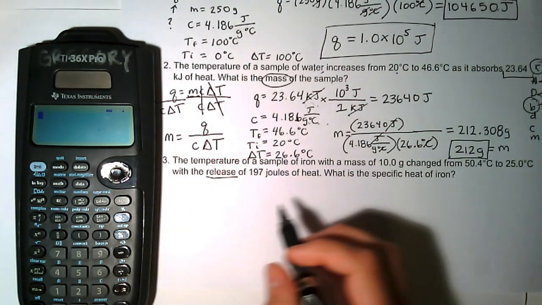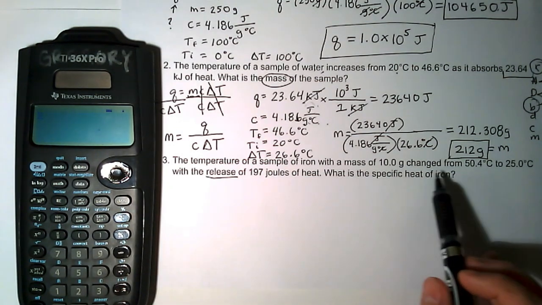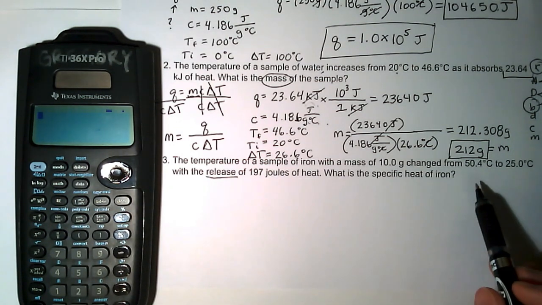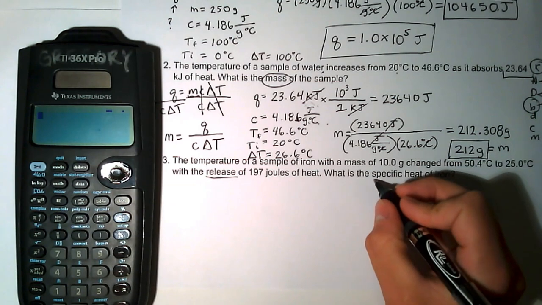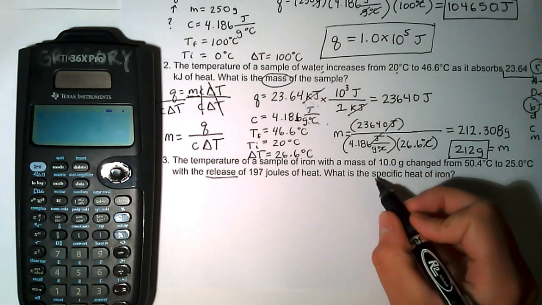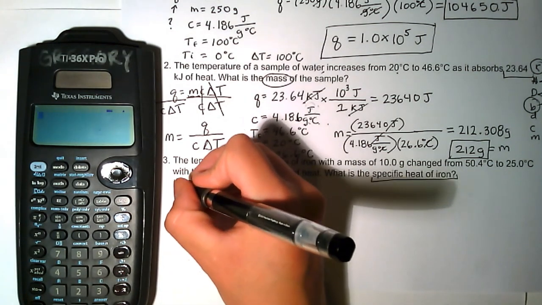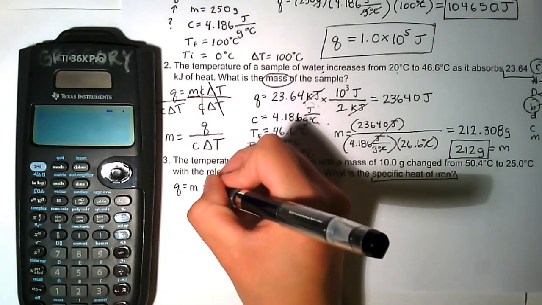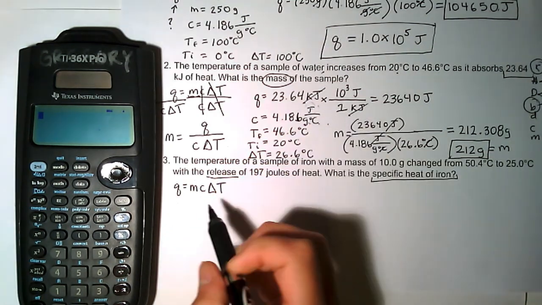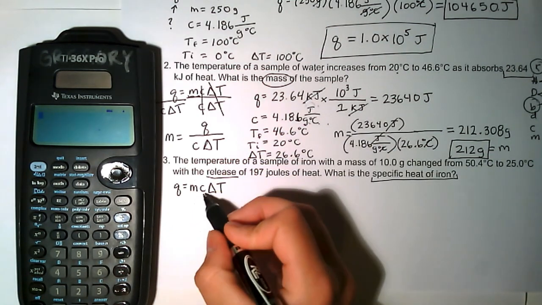So in this problem, the temperature of a sample of iron with mass changes from this to this. What is the specific heat? So we are actually being asked to find the specific heat of iron. So we are asked to find C, and Q equals M times C times delta T. So we need to rearrange our equation to get C by itself.